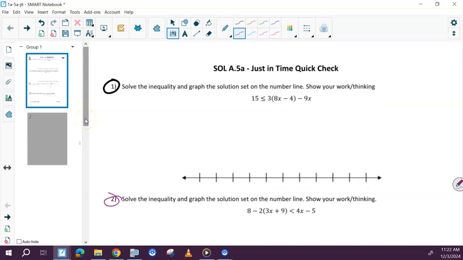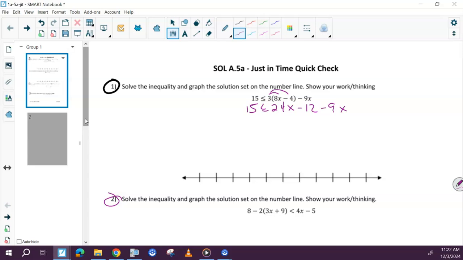Okay. So, starting with number 1, remember you're solving this just like a regular equation, but it's an inequality, so we have to keep our inequality symbols. We could distribute the 3. We get 24x minus 12.